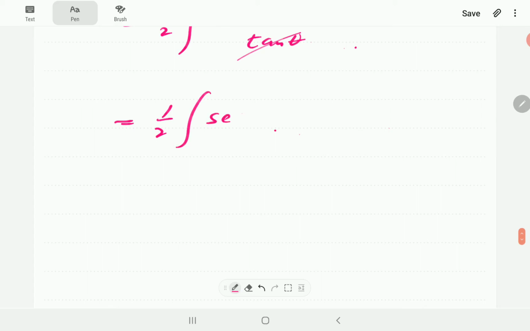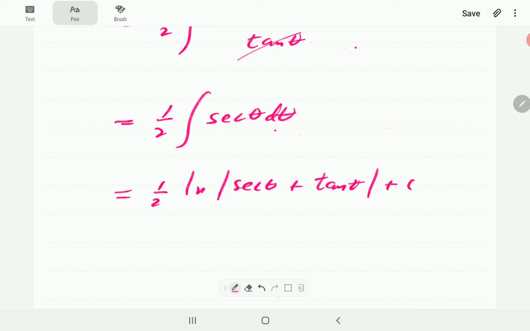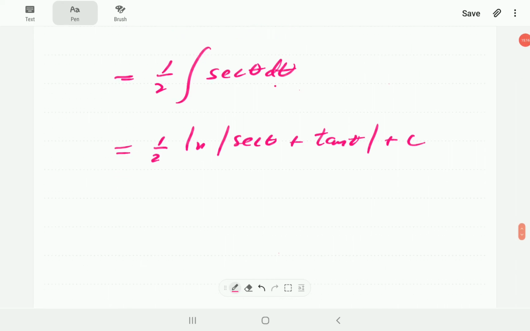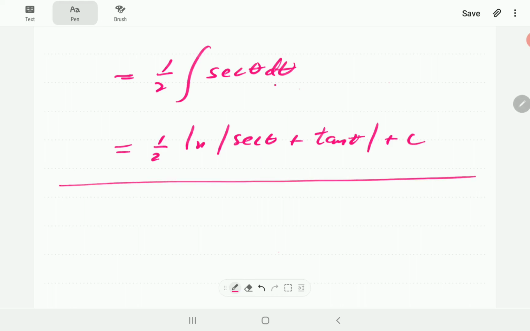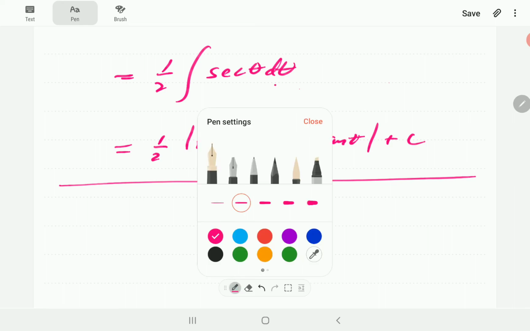So this is simply the integral of secant, which again is a standard integral, and we said that is the ln of magnitude of secant theta plus tangent theta. So that is the value of the integral in terms of theta. So we need to convert it and write it in terms of x.